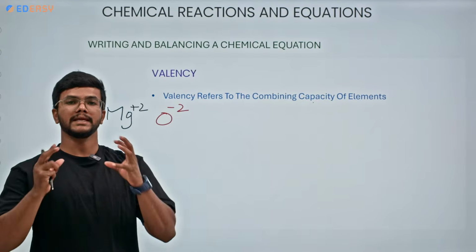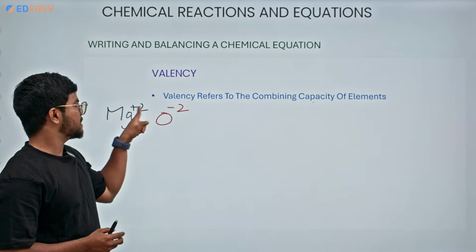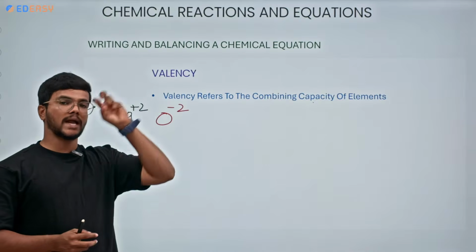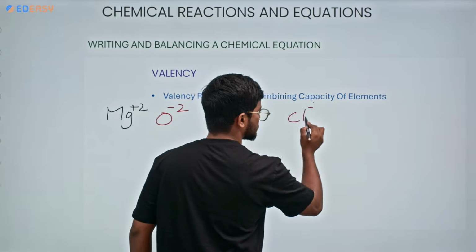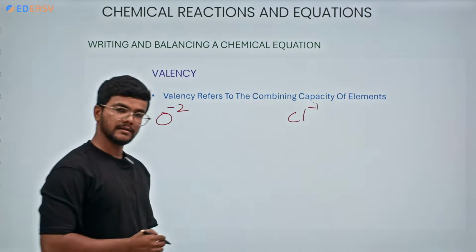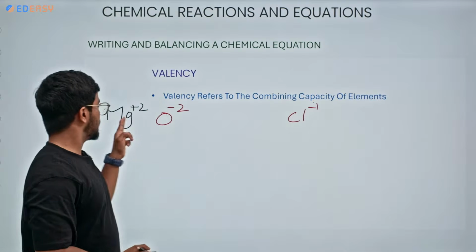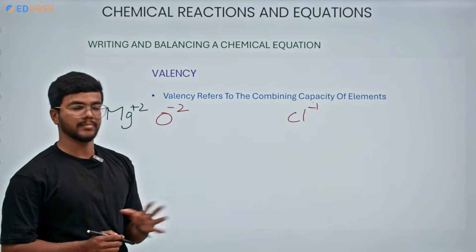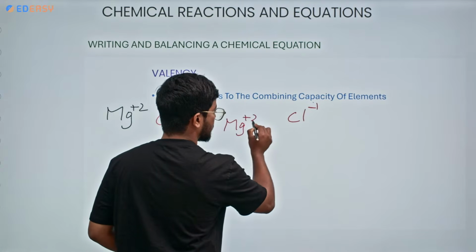We can take one example, Cl minus, chlorine with the charge -1. Chlorine with the charge -1 has to combine with magnesium, but we need 2 chlorines to combine with the magnesium because magnesium is +2 and chlorine is -1.